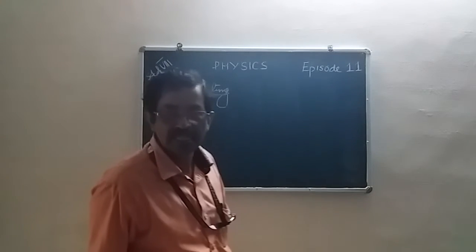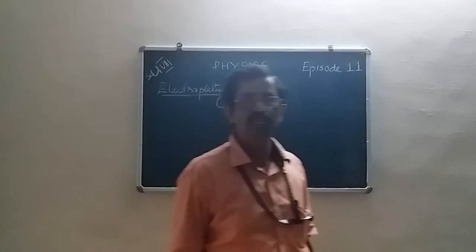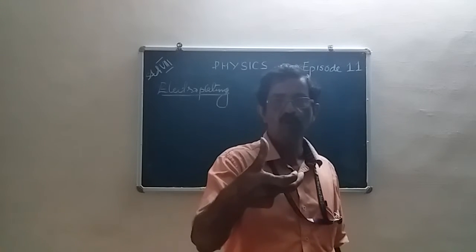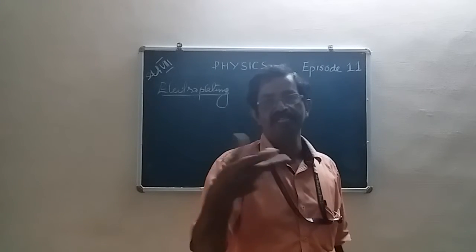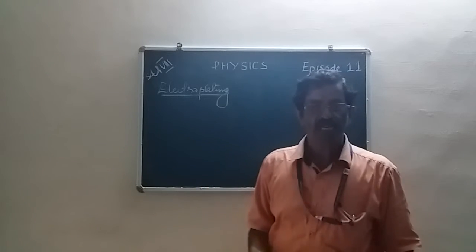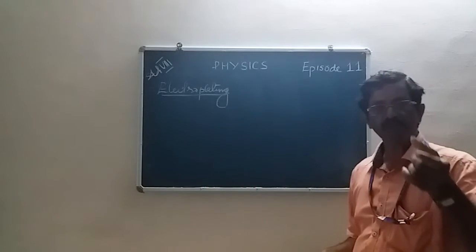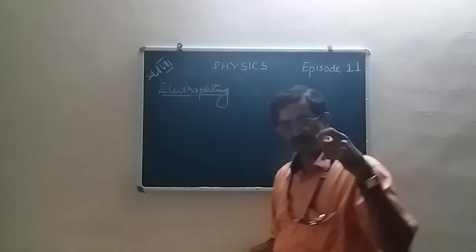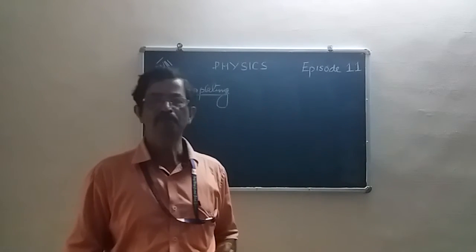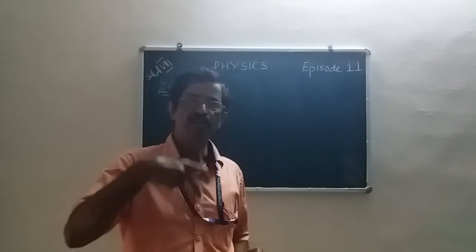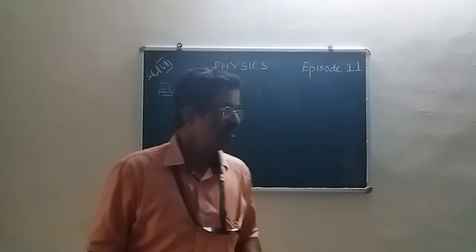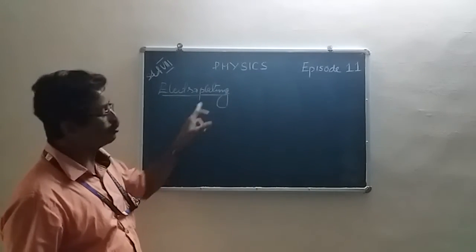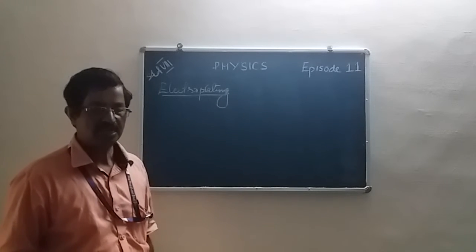Electroplating is the process by which we coat one metal over another. That means electroplating is a process in which we deposit one metal over another, for our requirements.